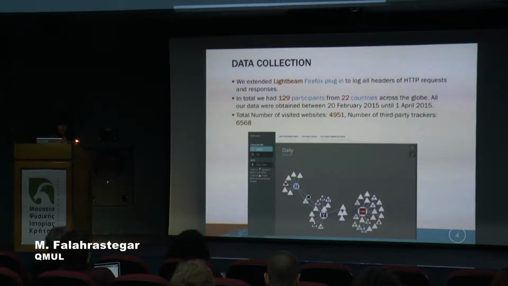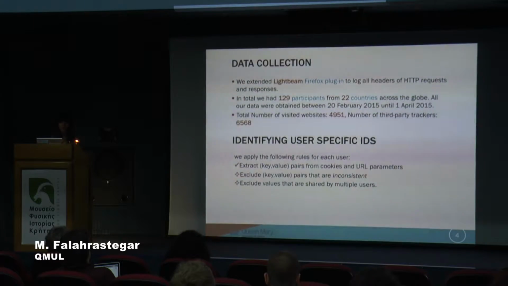So after collecting the data, the first step was to identify user-specific IDs. For this purpose, we applied a set of rules on our data per each user. First of all, we identified all key value pairs in cookies and also in URL parameters. We excluded any inconsistent key value pairs, meaning that if there is a key belonging to a certain domain with multiple values, those instances were excluded.